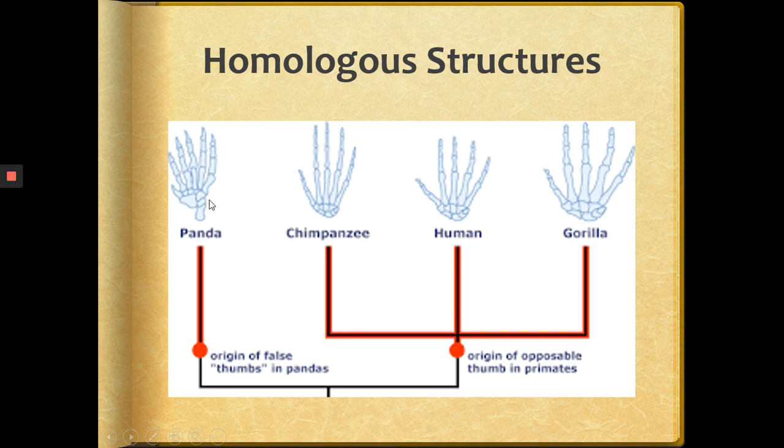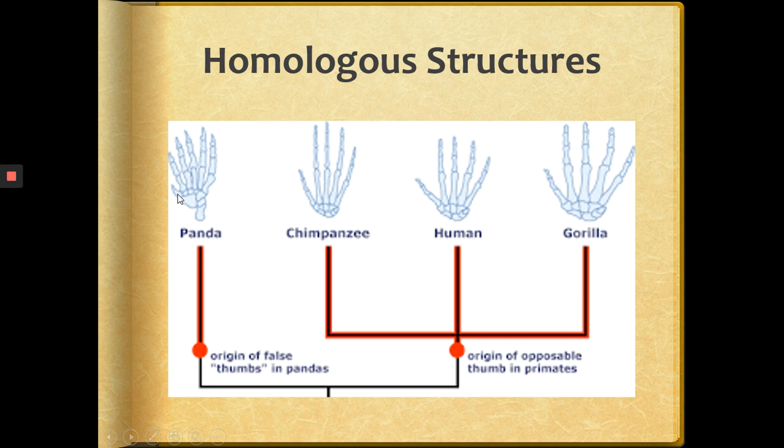Now, looking at the panda, this is an example of something called an analogous structure. These are structures that look similar but have evolved based on environment rather than common ancestor. You can see the panda actually has 5 fingers, and then it has this little false thumb that enables it to grip its food, bamboo, but it's not opposable.